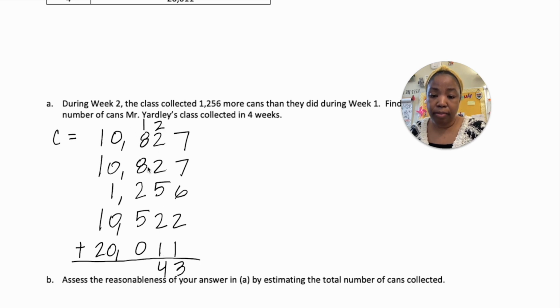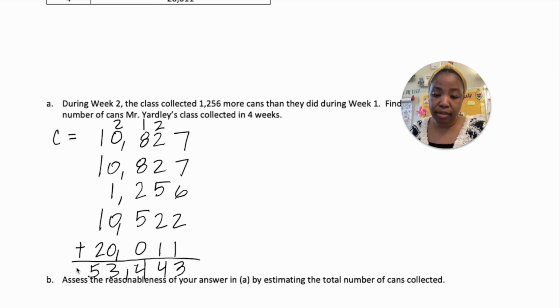Yep. 16, 17, 18, 19, 20, 21, 22, 23, 24. Regroup 2. And then we have 2, 3. And then we have 1, 2, 3, 4, 5.